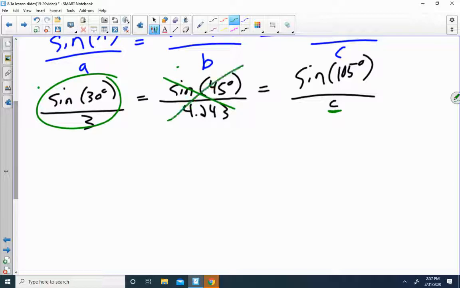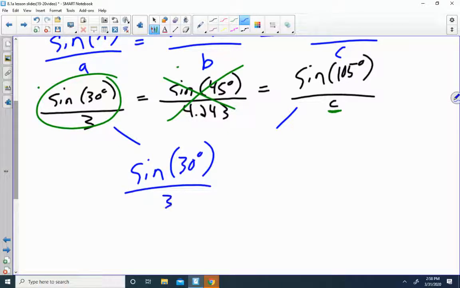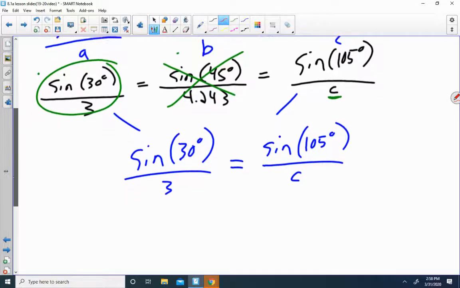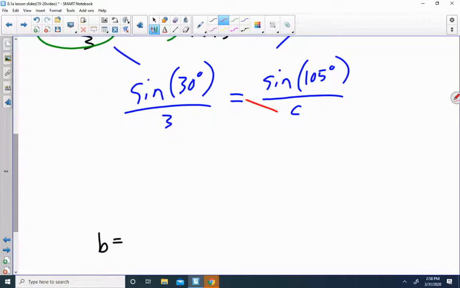I'm just randomly picking. I'm going to decide to eliminate the second one and just bring these two together to solve. Doesn't matter which one you get rid of. So sine of 30 over 3, and that's going to be equal to sine of 105 all over little c. And then to solve for c, you know what to do. Cross multiply.